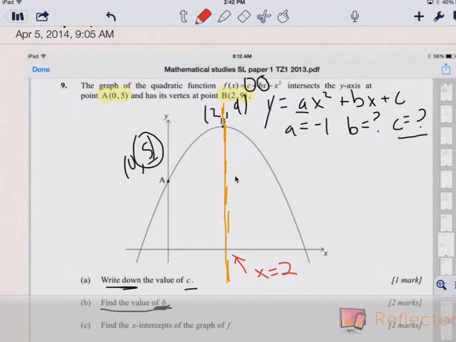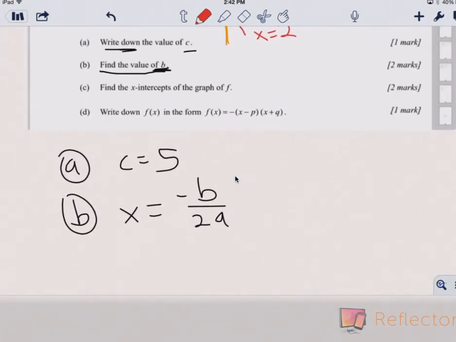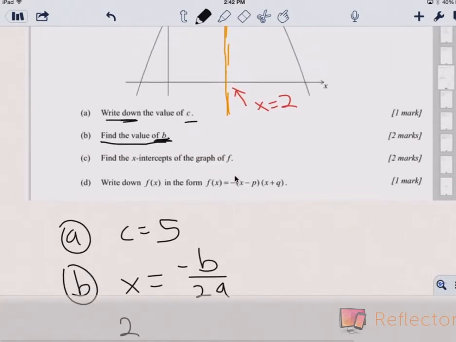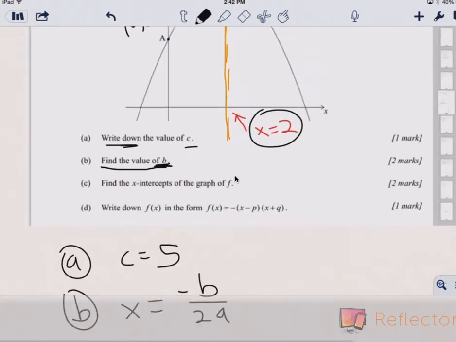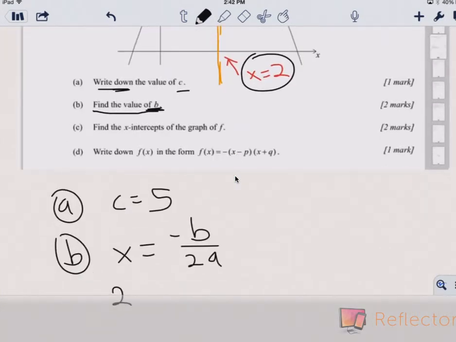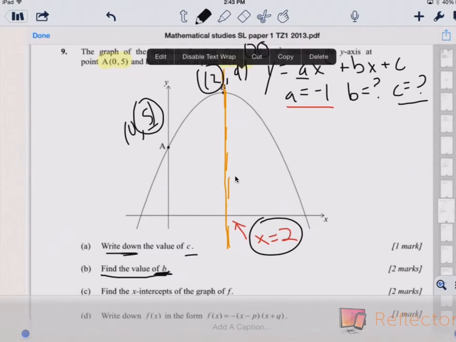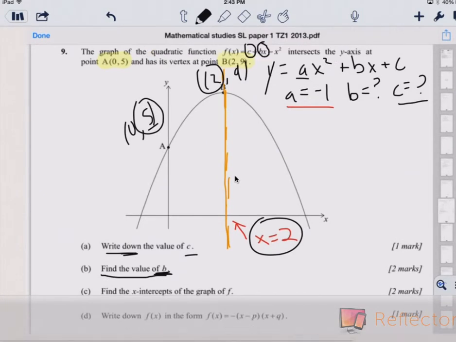And we can also use the information that a is equal to -1. So here we can substitute 2 in for x, which we got from here, and we can also substitute -1 in for a, which is right here.